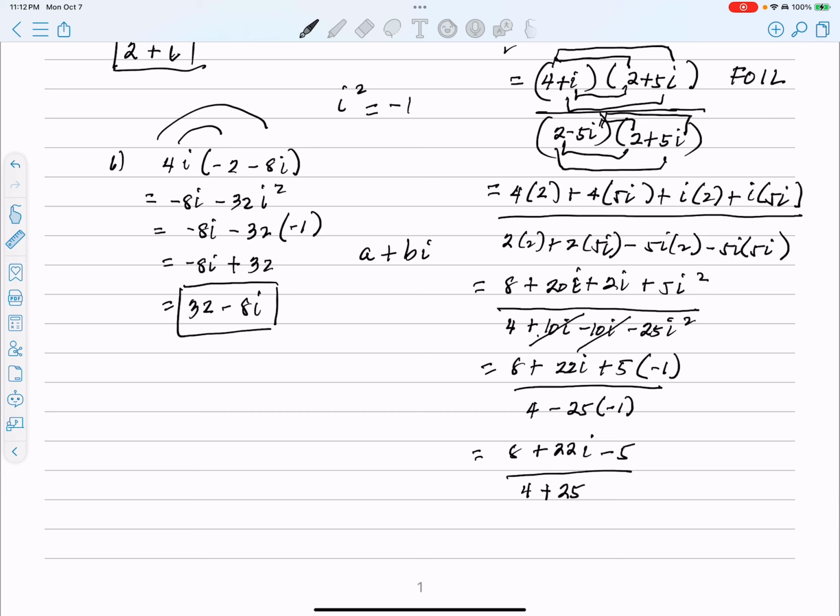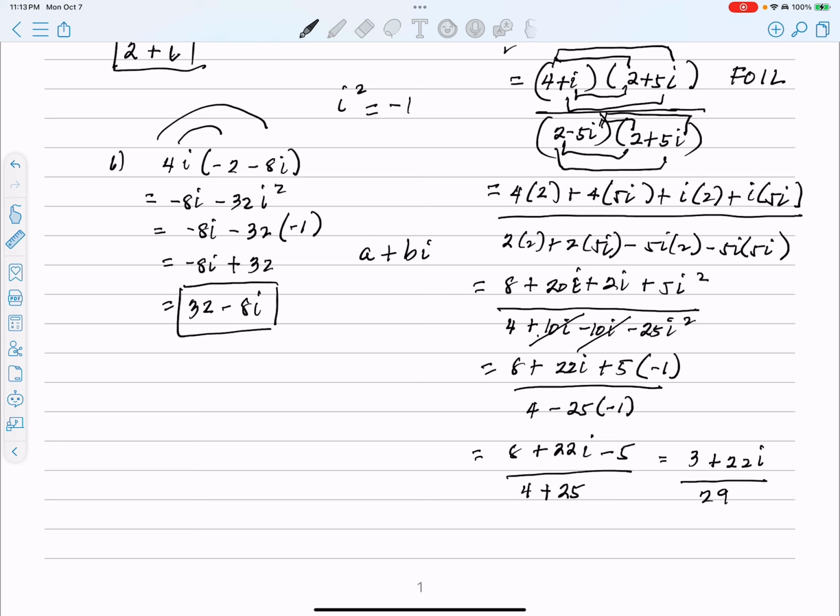Right? That's why you have to be careful. So 3 plus 22i, that's your numerator, and your denominator is 4 plus 25, that is 29.